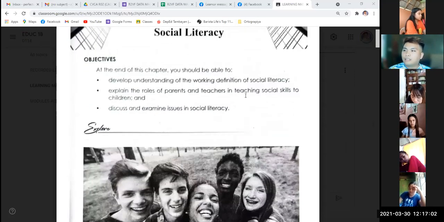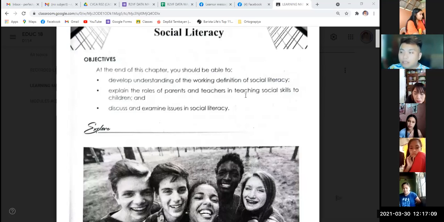So there are three objectives under social literacy. One, develop understanding of the working definition of social literacy. Two, explain the roles of parents and teachers in teaching social skills to children. Three, discuss and examine issues in social literacy. Before I proceed, I would like to emphasize that under this discussion, we will be having a recap of some topics in facilitating learning in child and adolescent development.